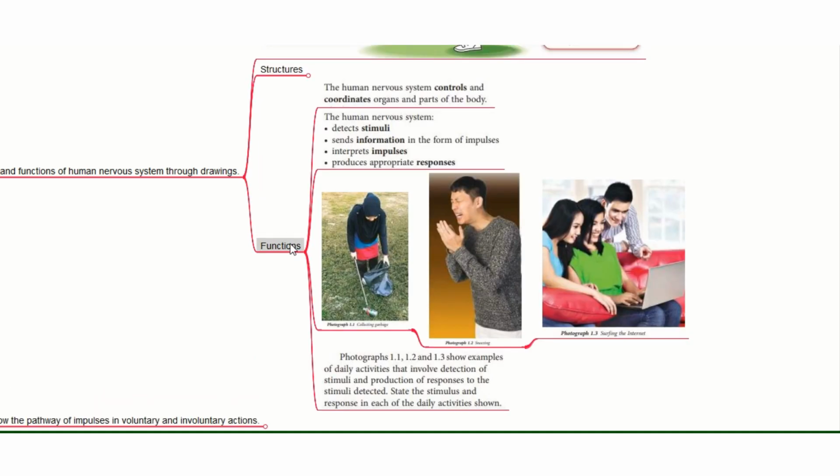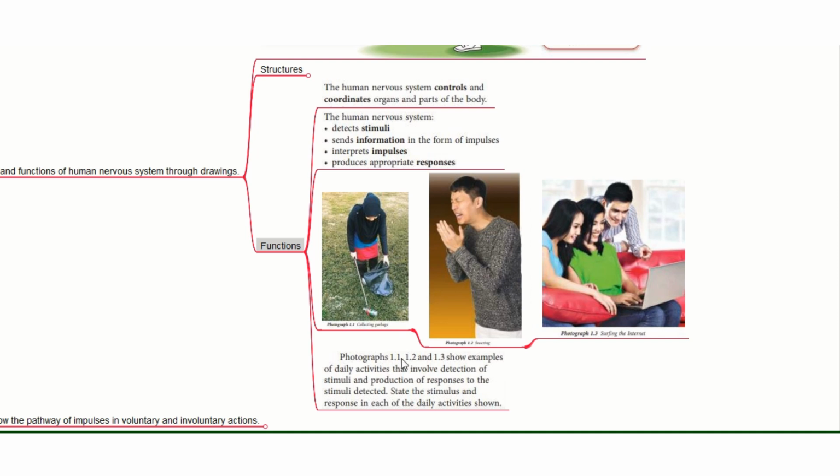Then let's take a look at the functions of the human nervous system. The human nervous system controls and coordinates organs and parts of the body. It detects stimuli, sends information in the form of impulses, interprets impulses, and produces appropriate responses. Take a look at the photographs.